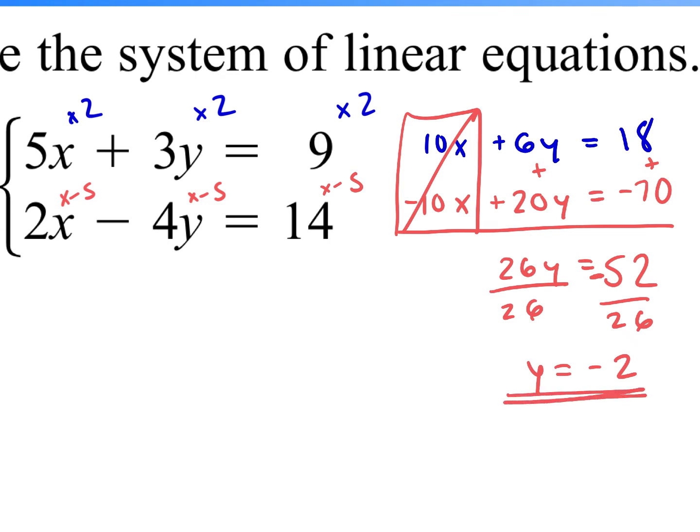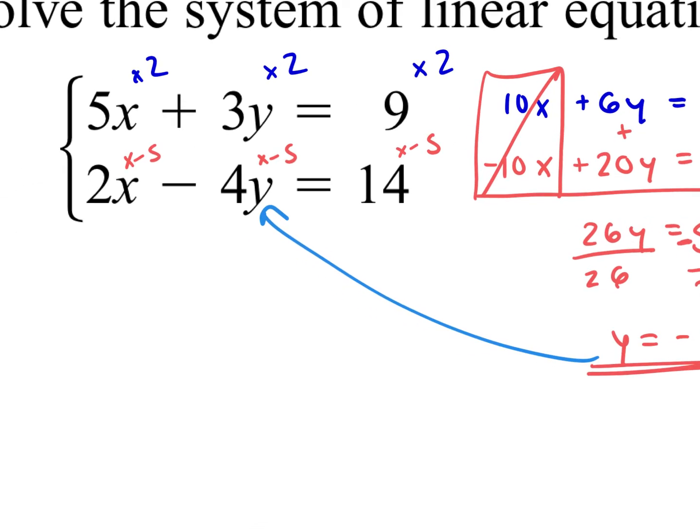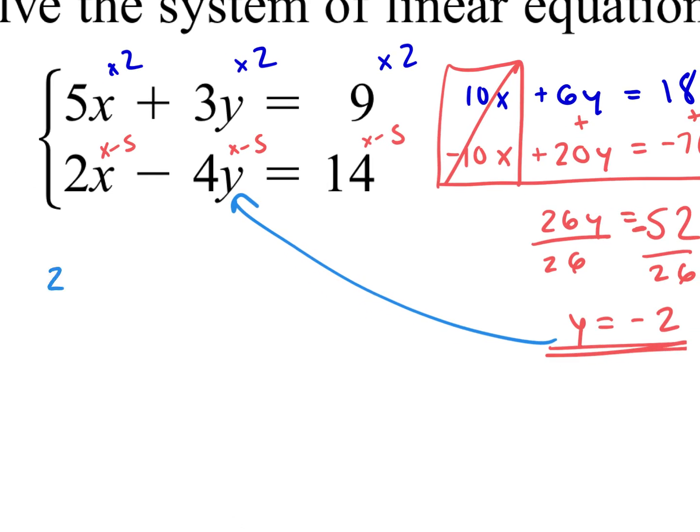So that's one answer. How do I find x? Plug in y. Which equation do you want to plug it into? It doesn't matter. We can pick whichever one we want. I'll plug it into the second. So I have 2x minus 4 times negative 2 is equal to 14.